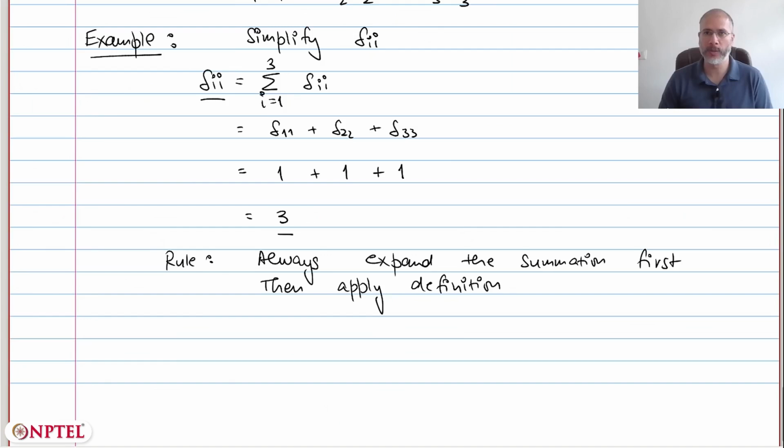If you remember this rule, or you use this rule when you solve problems, practicing them, you will be comfortable with expanding complex expressions involving multiple symbols such as delta and others as well that we'll discuss in the next lectures, and the use of summation convention in the indicial notation.